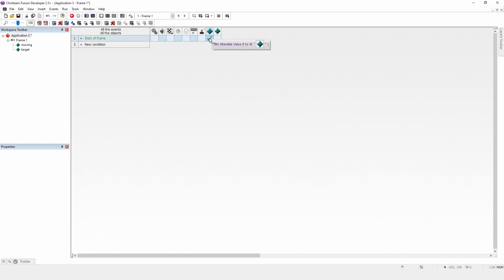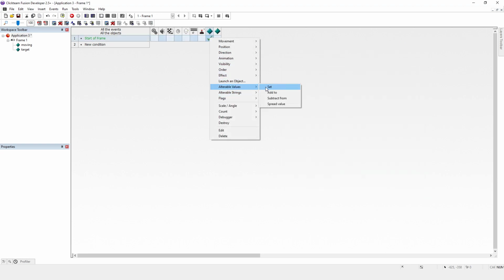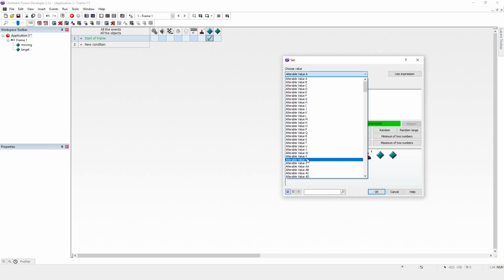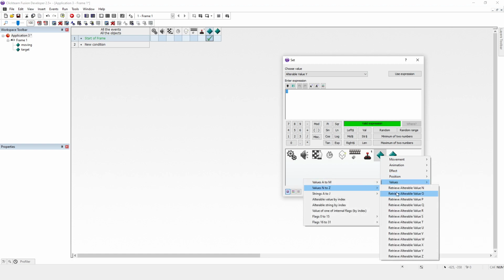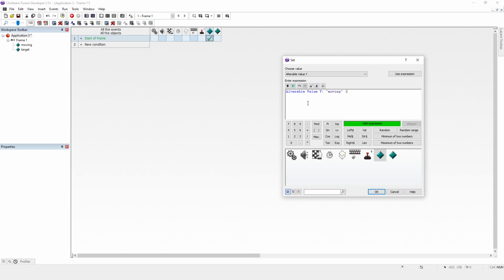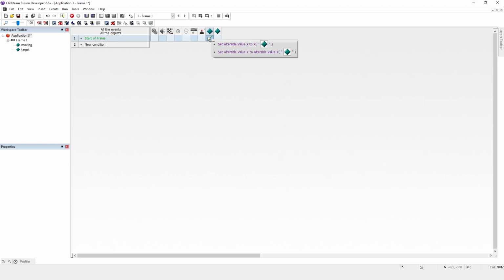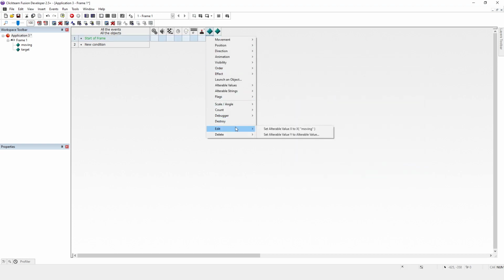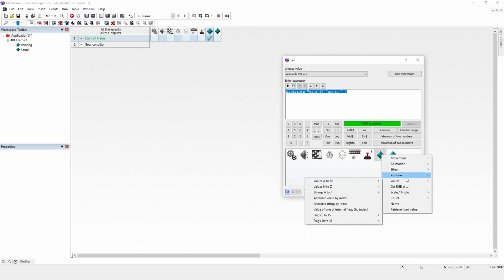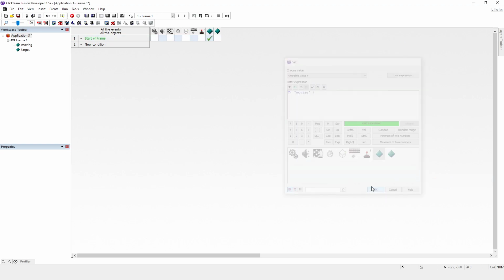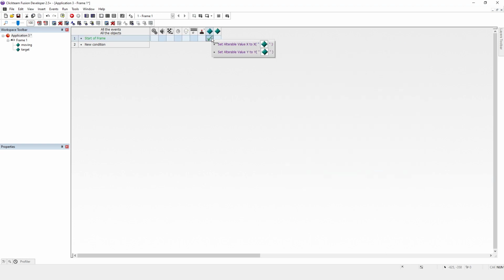Now this is because we're going to be working with decimals a lot, and the normal positions only hold integers, so we need a way of storing it as a decimal. So we've got the alterable value of the moving object holding the x and y coordinates.